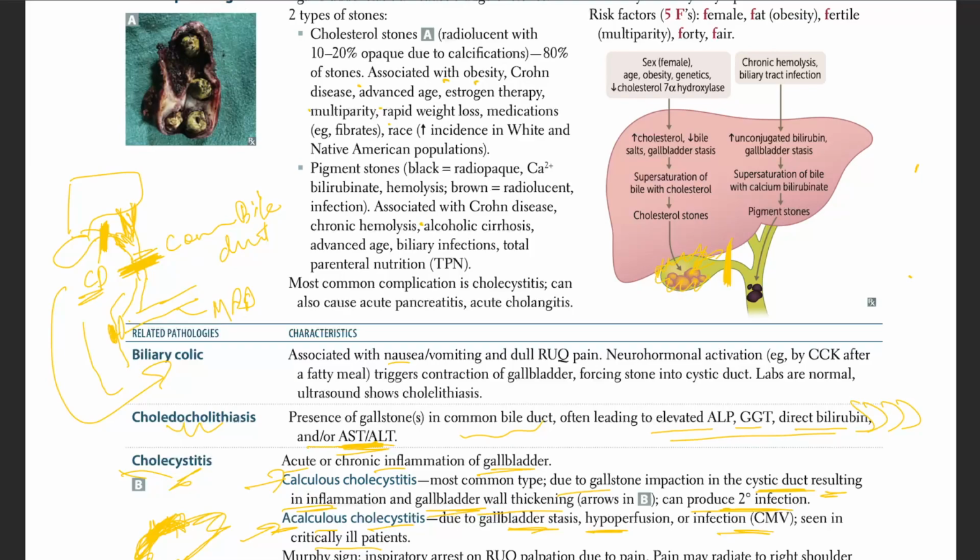That's calculous, meaning a stone is present. Acalculous cholecystitis means you don't have the stone, but either you have decreased blood supply, which is hypoperfusion, or stasis of the gallbladder due to any cause, or infection seen in the critically ill patient that causes inflammation of the gallbladder without stone presence.